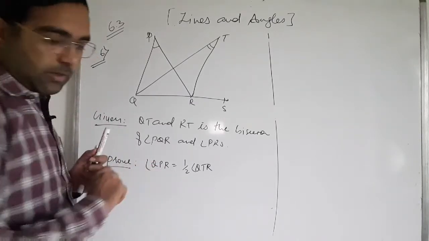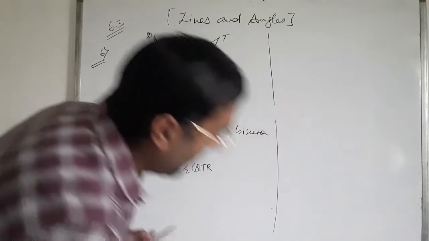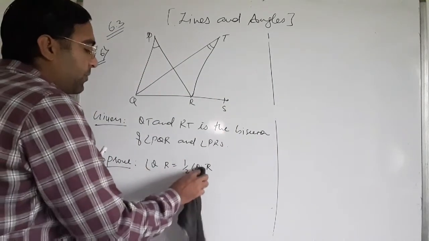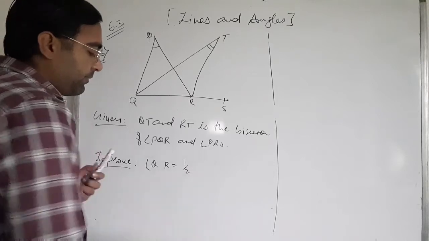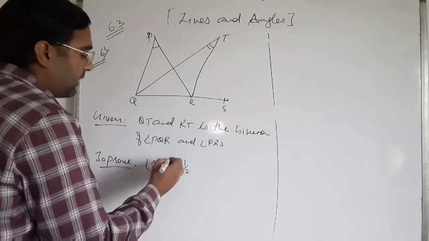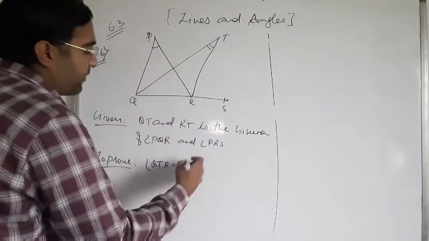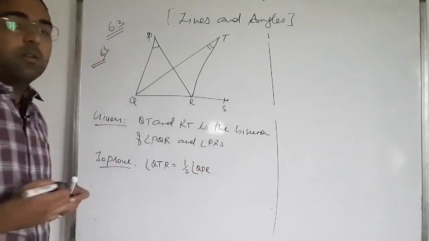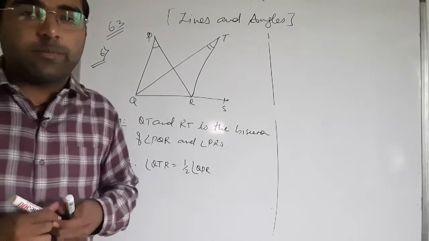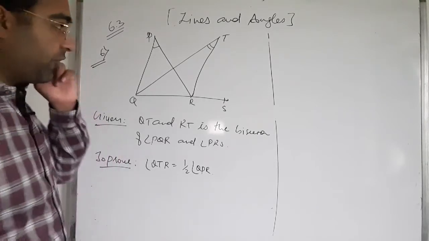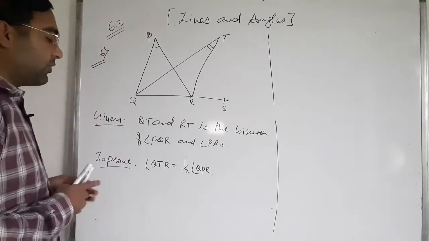Sorry, my mistake in writing: we need to prove that QTR is equal to half of QPR. Clear? Now we have to move to the solution.